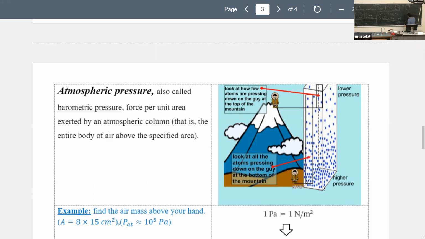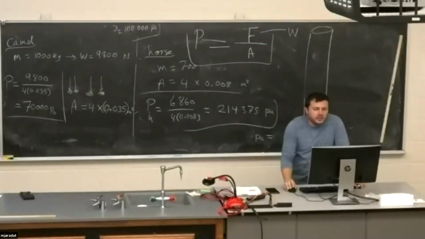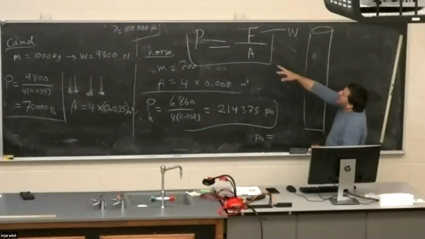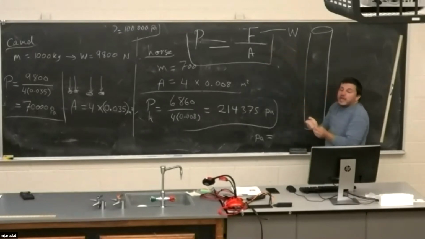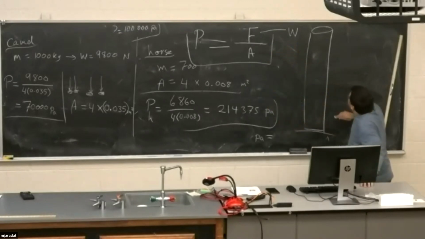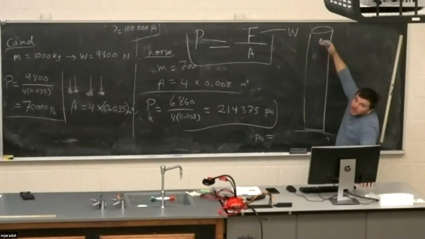You cannot see what I'm talking about. Okay, so I'll stop sharing. Here, the pressure is equal to the force, which is the weight, over the area. The area, assume it was just 1 meter square. So the column of atmospheric air above our heads has a mass, and its mass is not small.